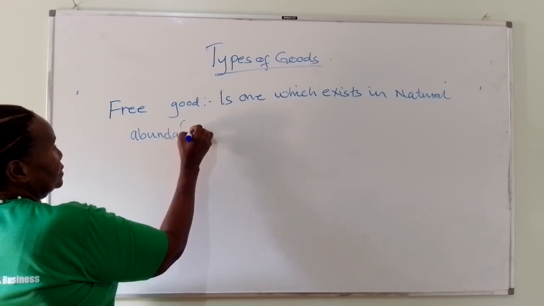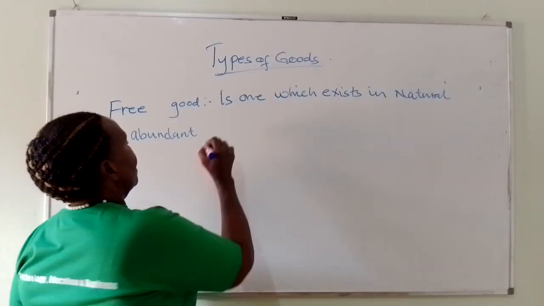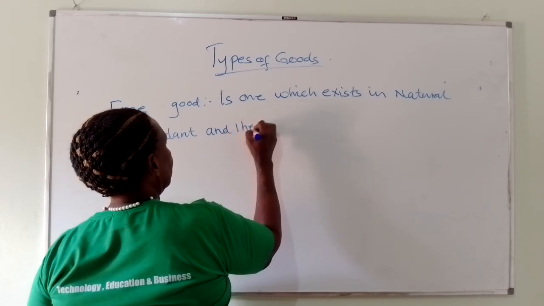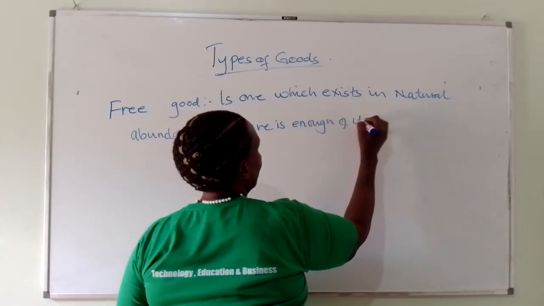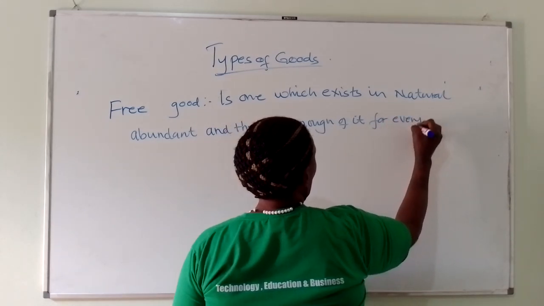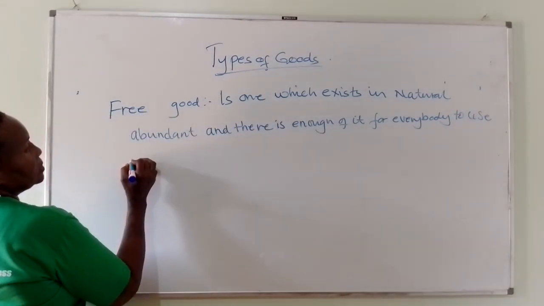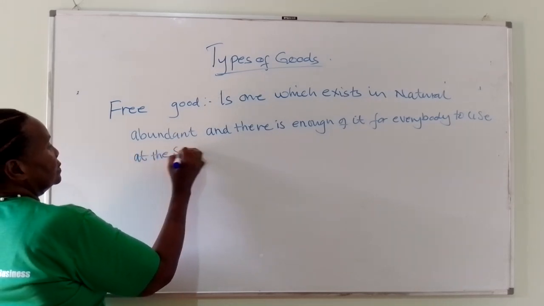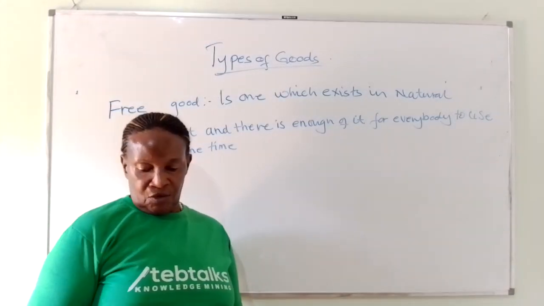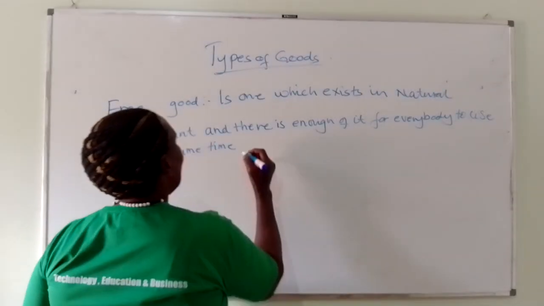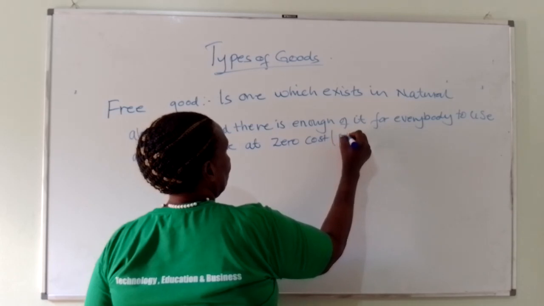Unlike the economic good, which is scarce or relatively scarce, a free good is actually very abundant, and there is enough of it for everybody to use at the same time and at zero cost or price.